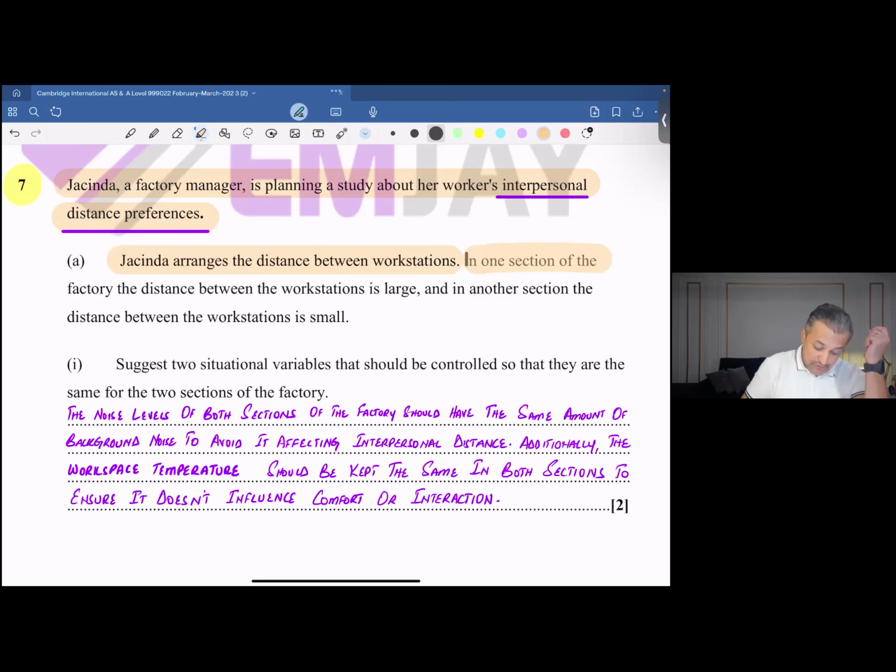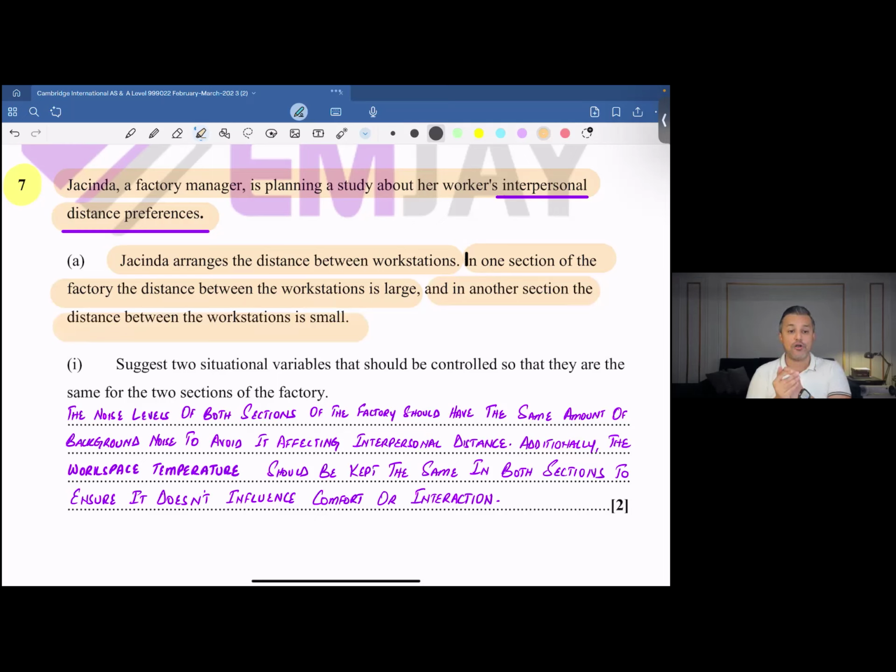In one section of the factory, the distance between the workstations is large. So she has divided her factory's workspace into 2 sections. The first section, section A, has large distance between the workstations. It's more like one workstation is over here and the other one would be on the other side, super far. On the other hand, in section B, the distance between the workstations is small.